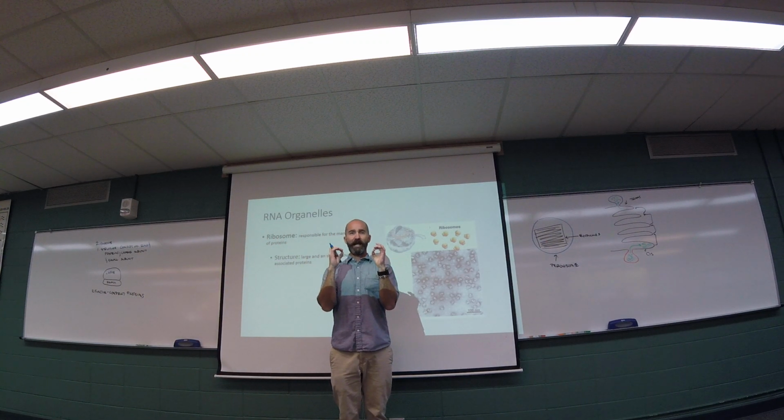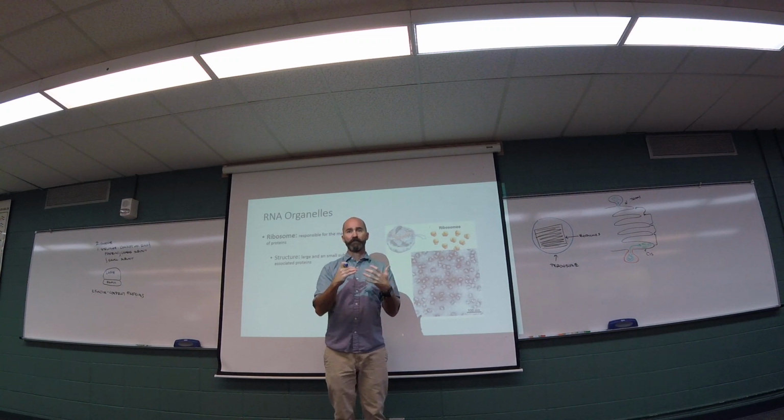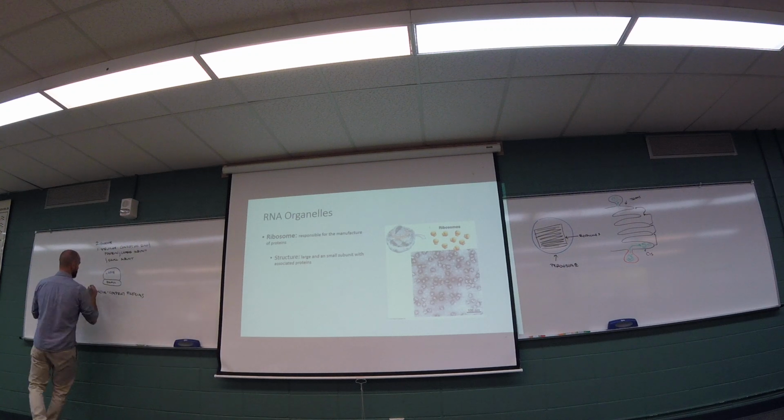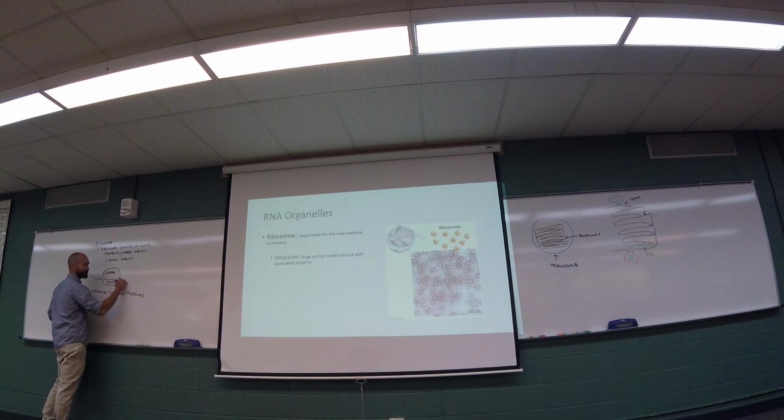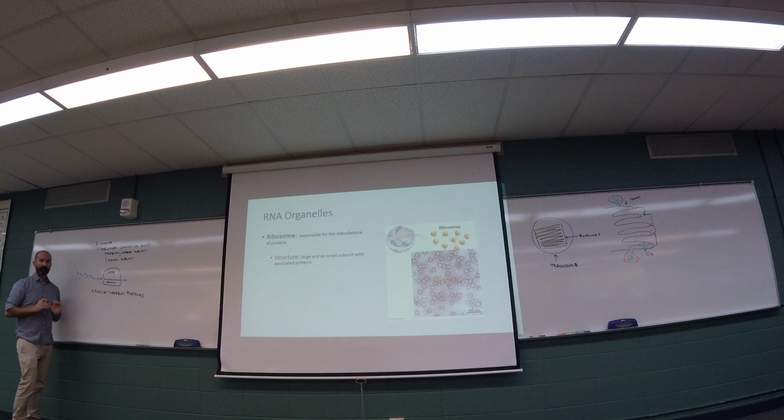When you read a cassette tape, there's a little magnetic device inside your stereo that feeds that tape through it and reads the magnetic signature on that tape. That's what's happening right here. We have an RNA copy of our DNA that's going to be read through in between the large and the small subunits like this. So this is an RNA copy of DNA for protein construction.